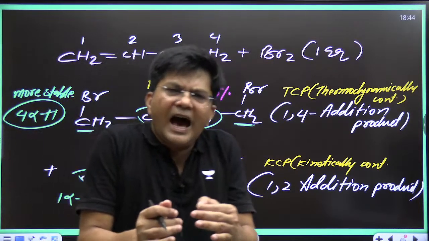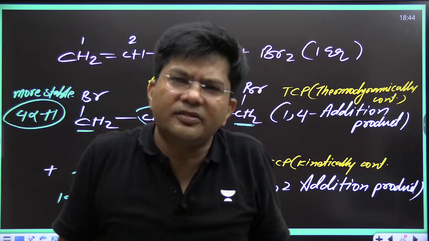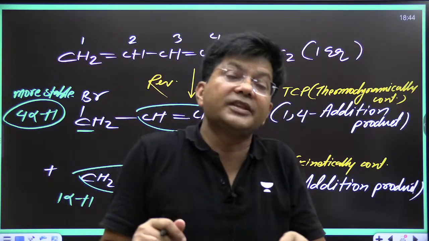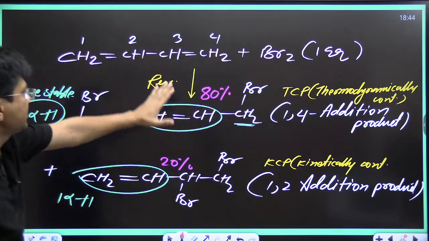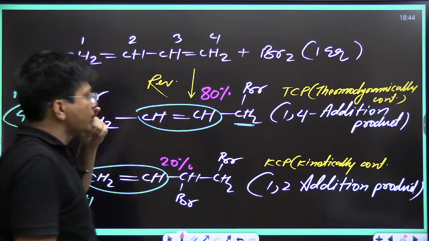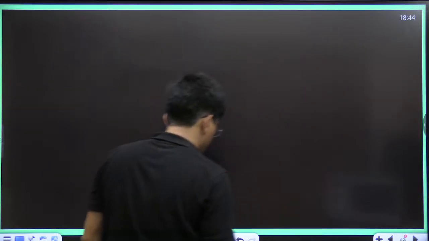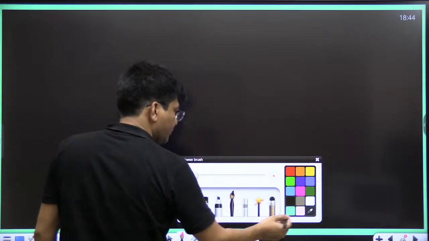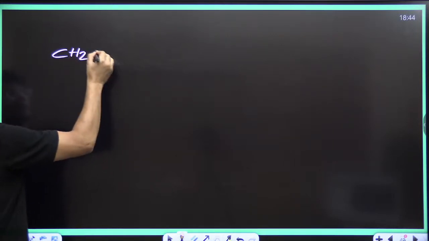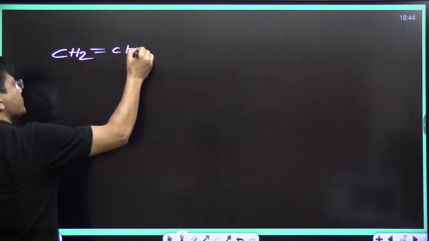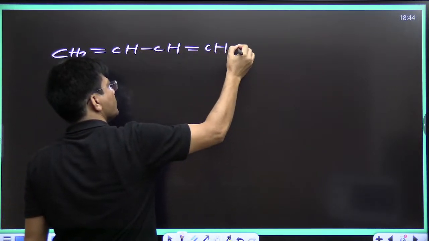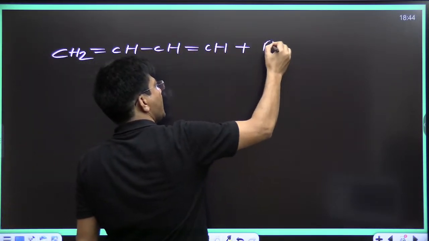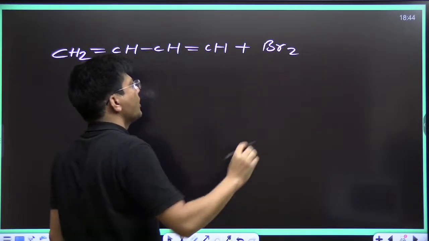Now, my dear friends, if this question is given with a temperature of minus 40 degrees Celsius, if the same reaction takes place at minus 40 degrees Celsius, see, my dear friend, if they give you the same reaction, CH2 double bond CH double bond CH2 plus Br2 or HBr.